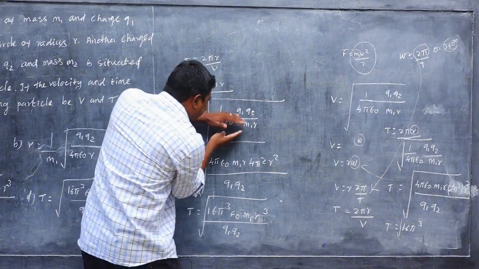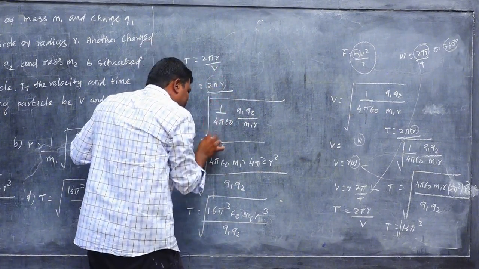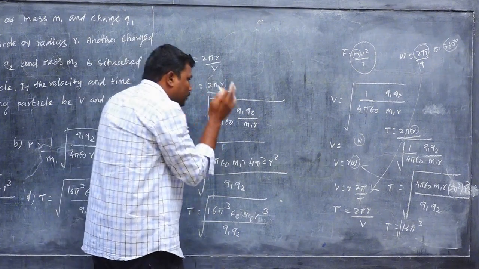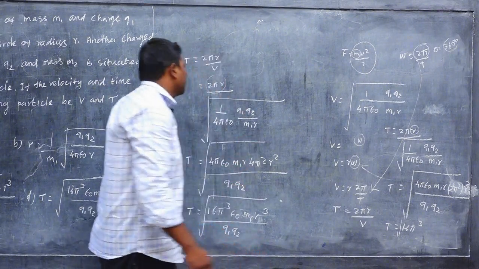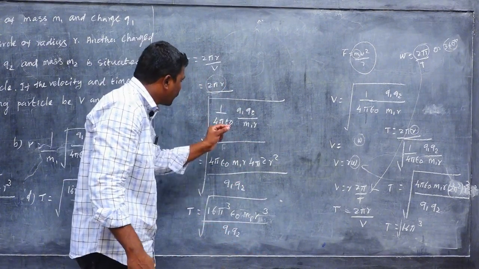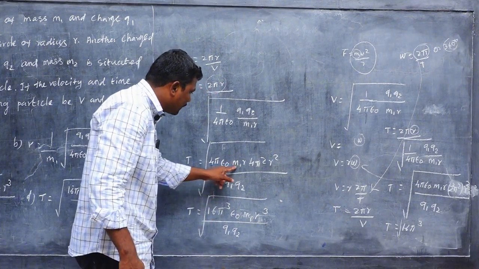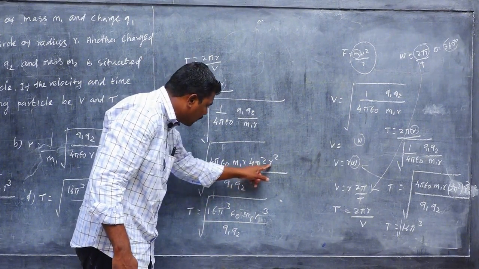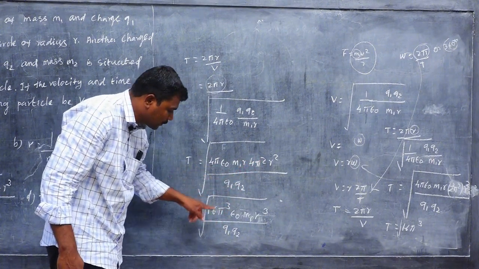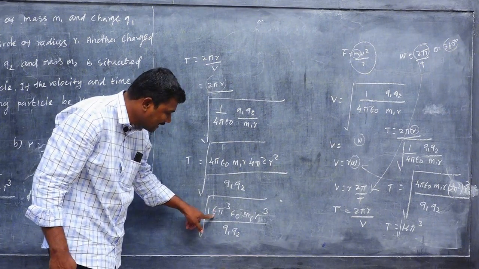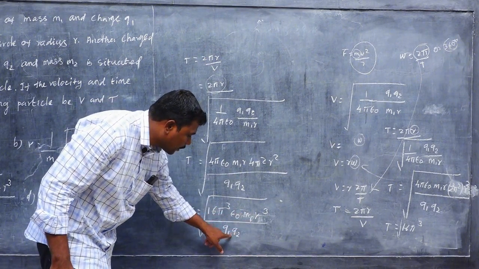The denominator goes to the numerator, and all the terms will be under the square root. Substituting, finally we get the result: 16 pi cube epsilon naught m1 r cube divided by q1 q2.